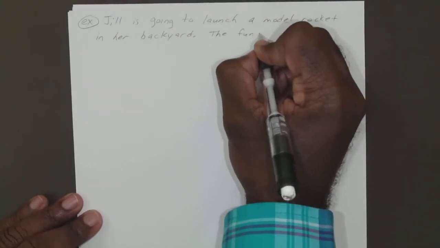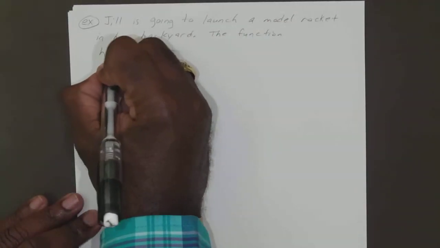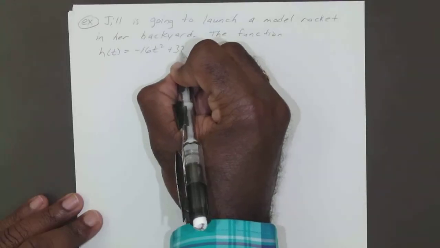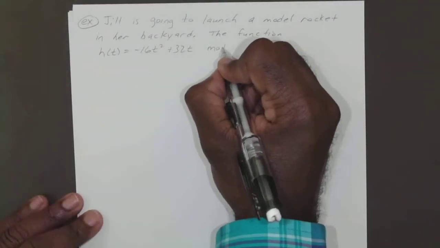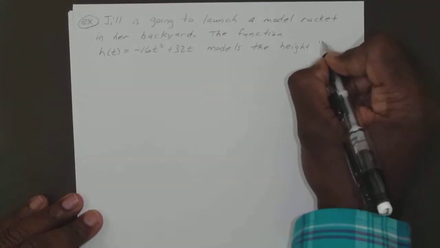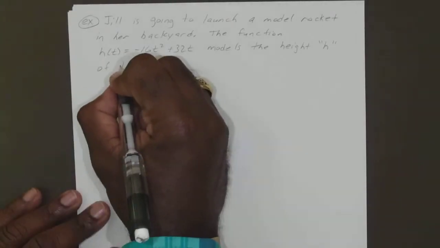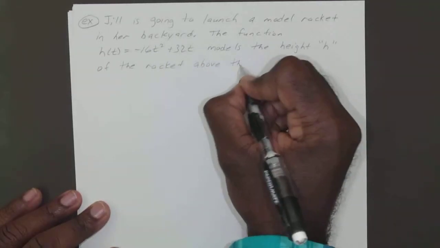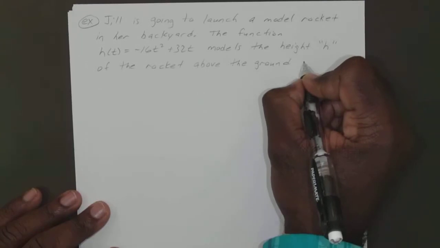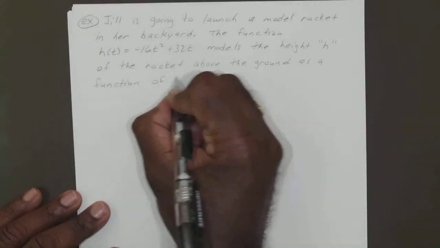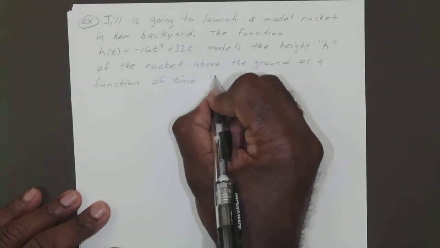Say the function h of t is equal to negative 16t squared plus 32t models the height, which is your h, of the rocket above the ground as a function of time t.